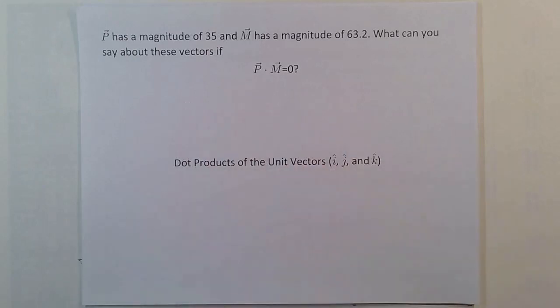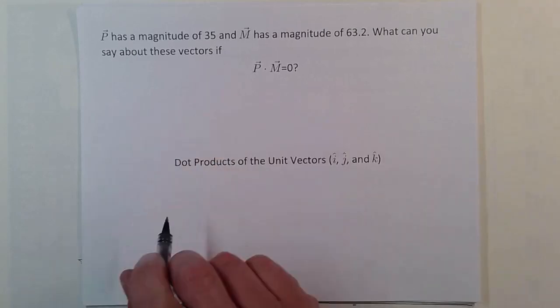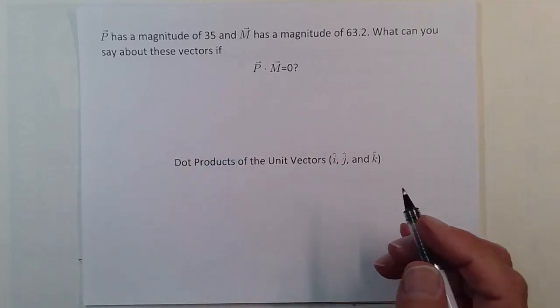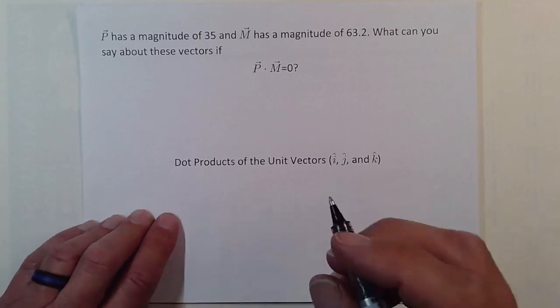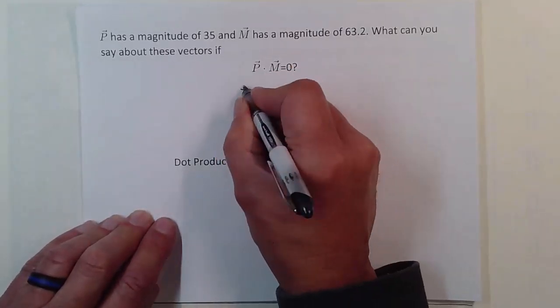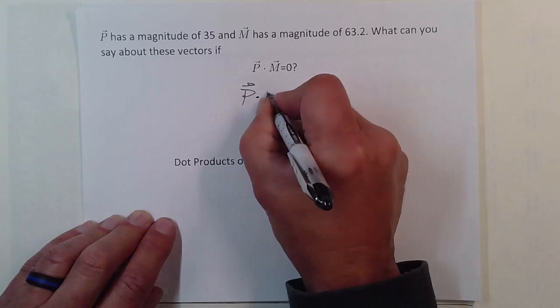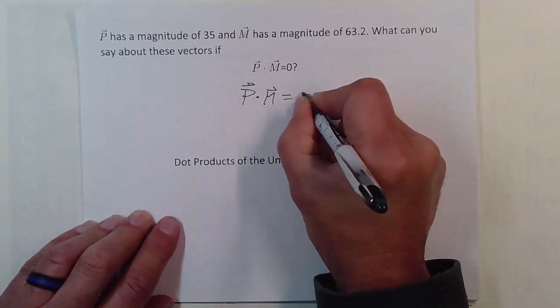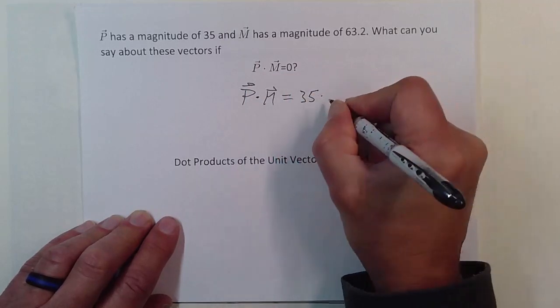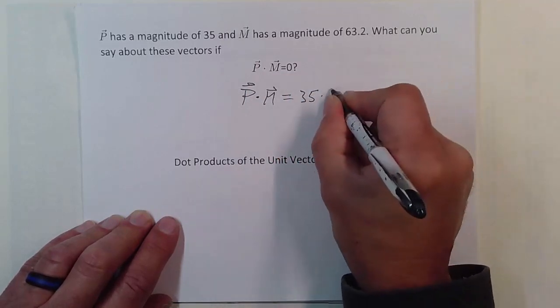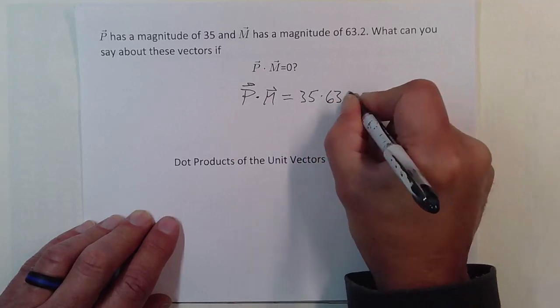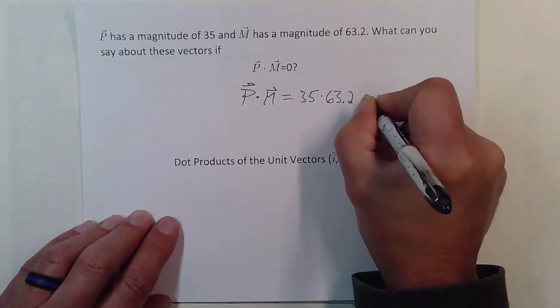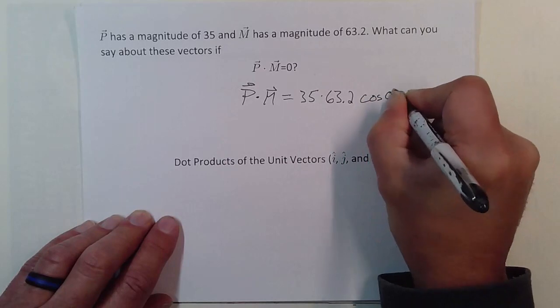P has a magnitude of 35 and M has a magnitude of 63.2. What can you say about those vectors if P dot M is equal to 0? Well, the dot product of P dot M is going to be the magnitude of P, 35, times the magnitude of M, which is 63.2, times the cosine of the angle between them.